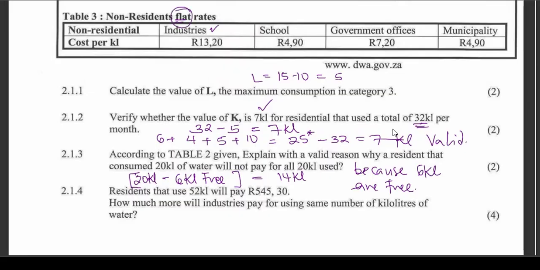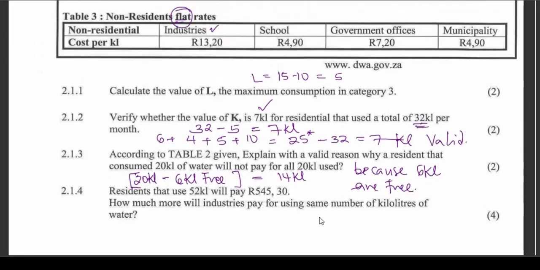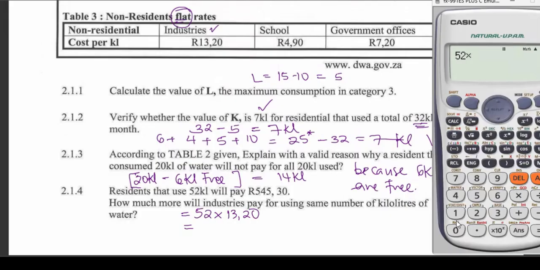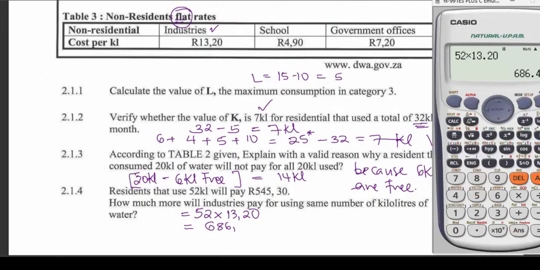So if they have used 52 kiloliters, we shall multiply by 13 rands 20 cents. 52 times 13 rands 20 cents, for the industry, we shall end up having 686 rands 40 cents.